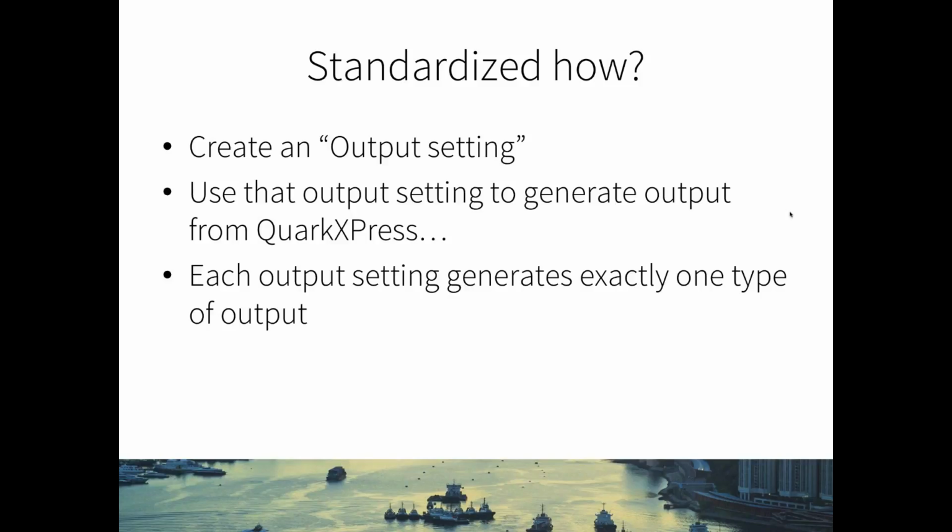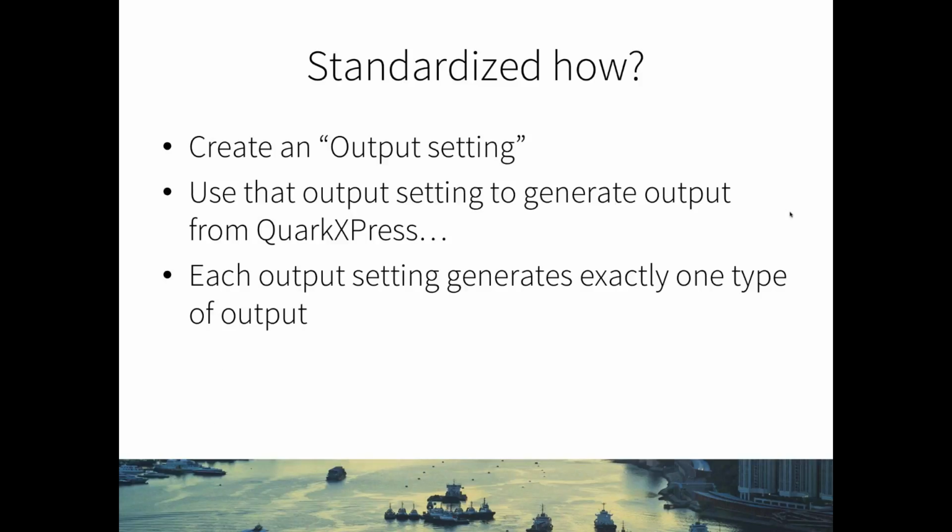And an output setting is used to generate output from QuarkXPress, and that output setting always generates one particular type of output, and of course it controls all of the different things you need to control in QuarkXPress to generate exactly that type of output consistently.